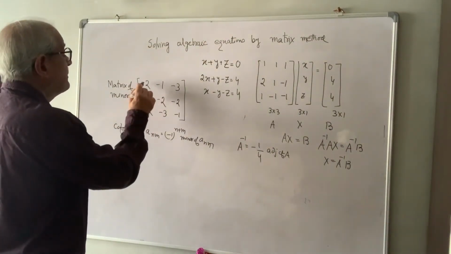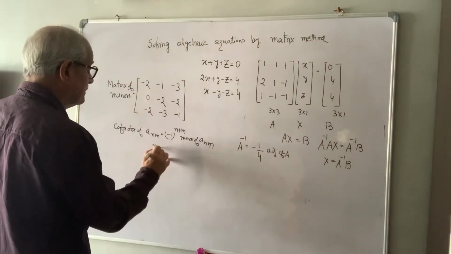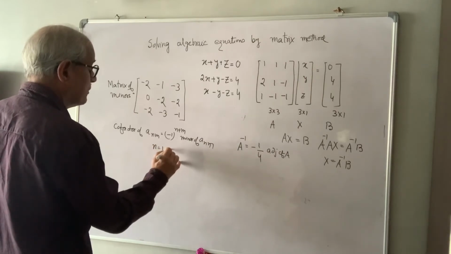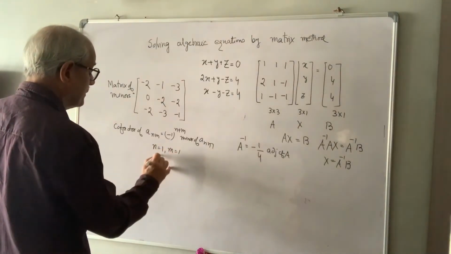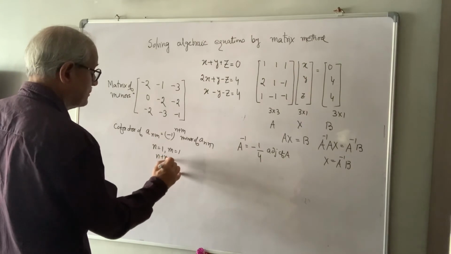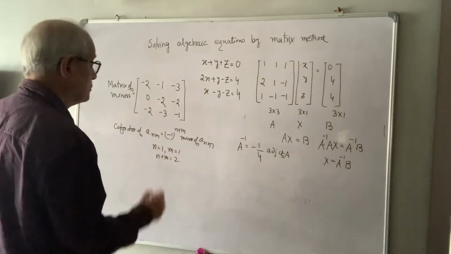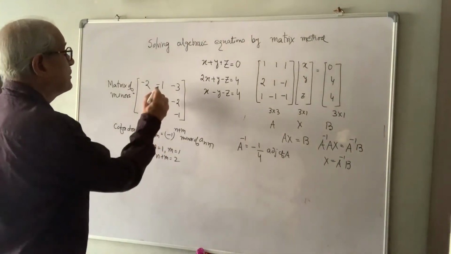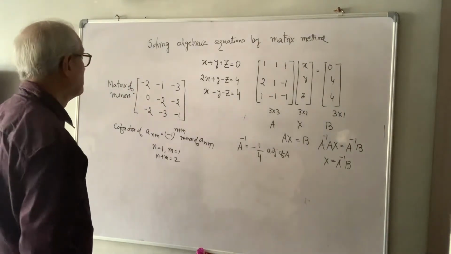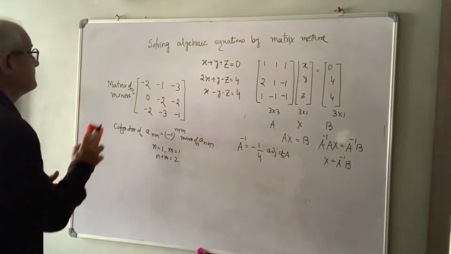Now for this element, n is equal to 1 and m also equal to 1. So n plus m is equal to 2. So this is positive. But for this element, this will be negative. So just we have to change the sign.